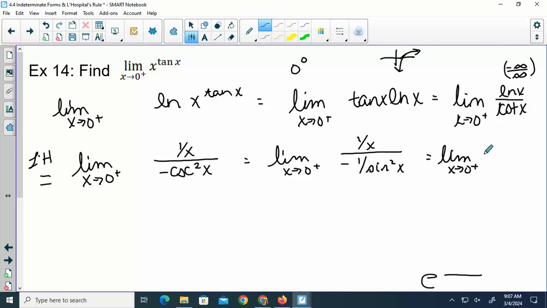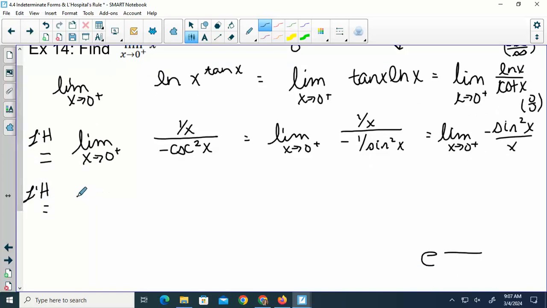So if we flip and multiply, this is equivalent to negative sine squared x over x. What's the sine of 0? 0 over 0. So what's that mean? Again.